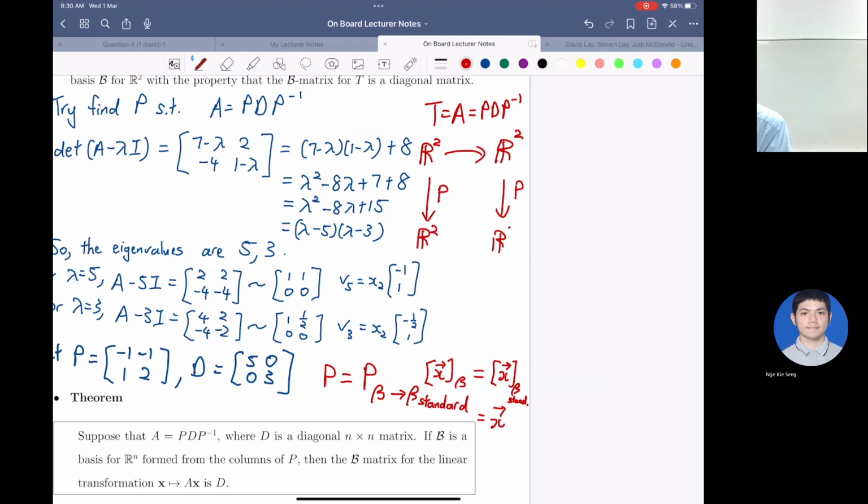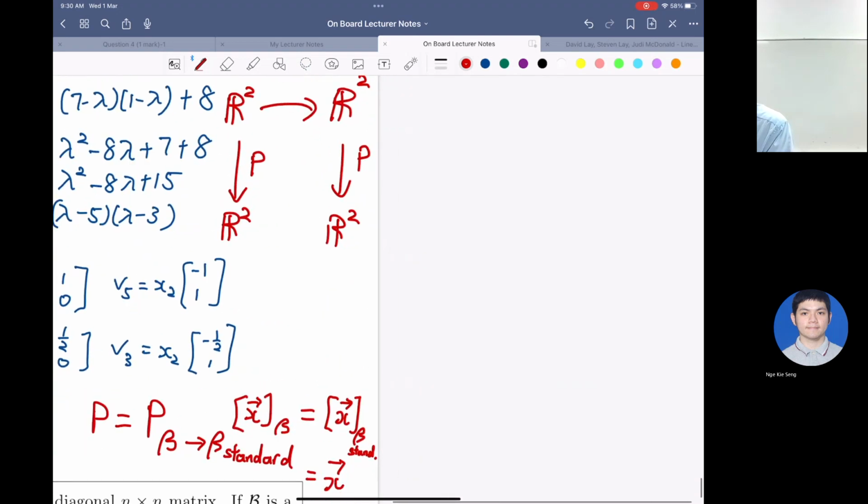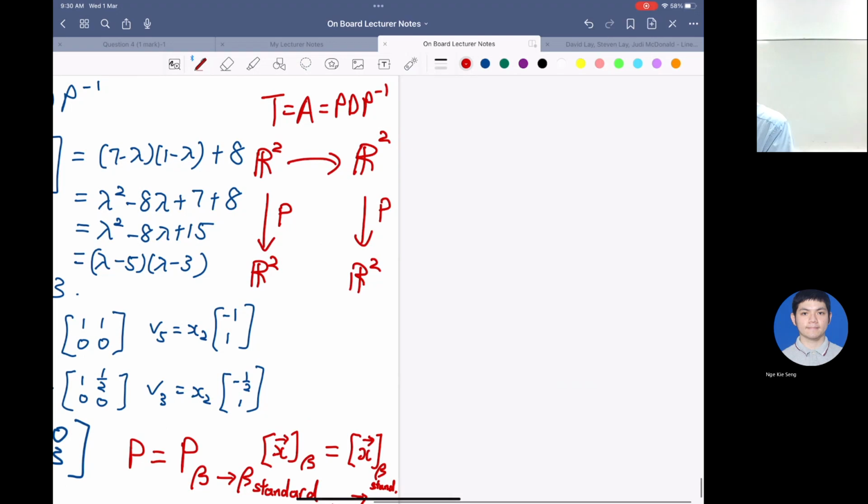So here we have a B standard. I think you don't want to accept what I say, but this is true. So please go back and think of it. So we have a B standard here, and then we have a B here.